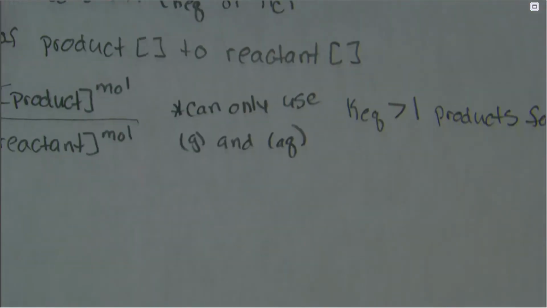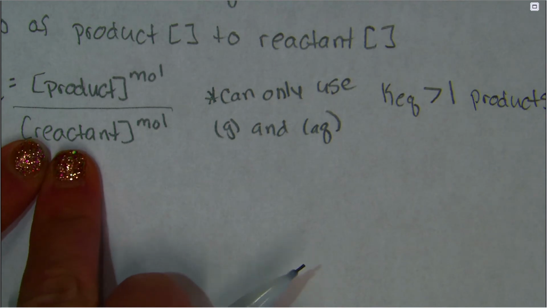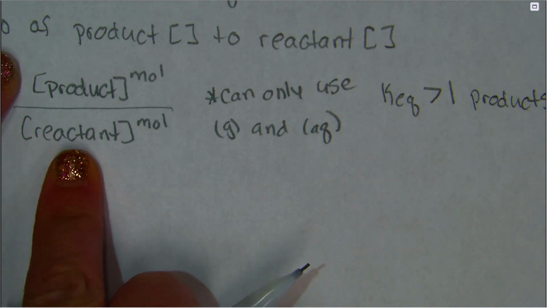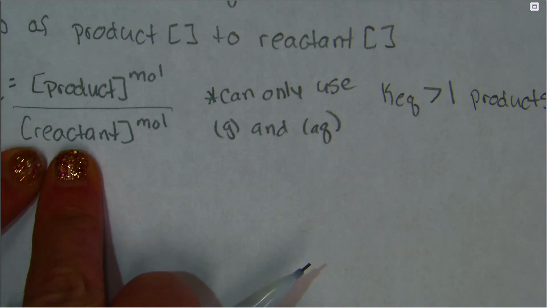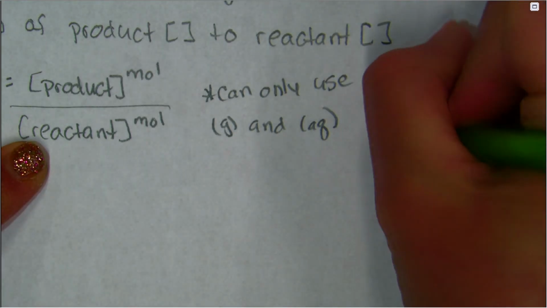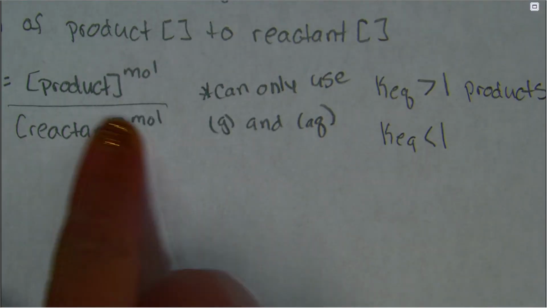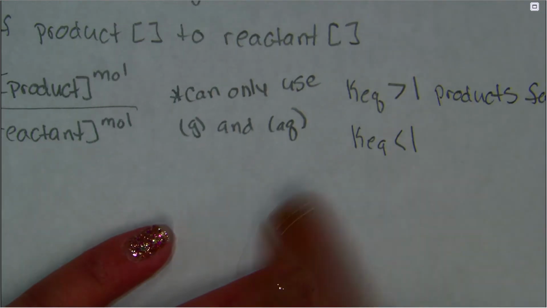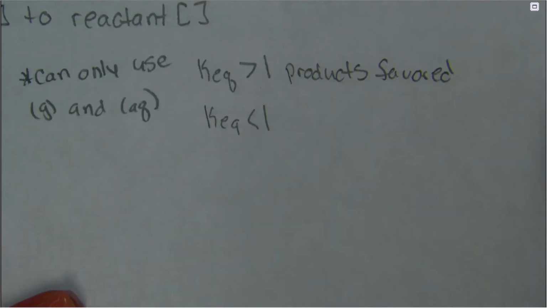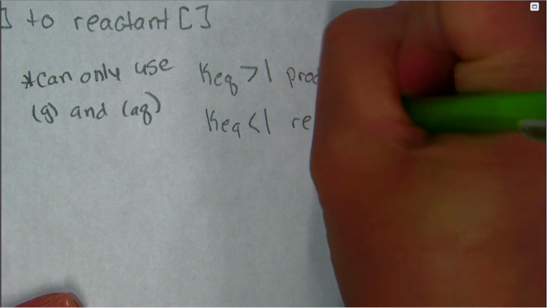Now, if my reactant is larger than my product, a small number divided by a large number gives me a final K value that is less than 1, but I have more reactants, which is what gave me less than 1, so my reactants are favored.